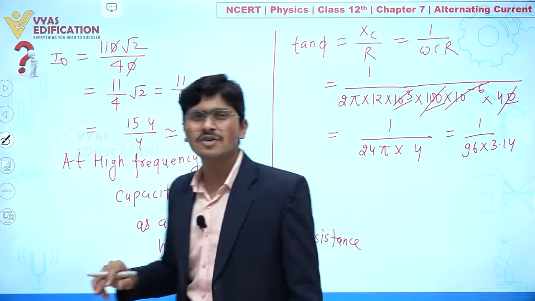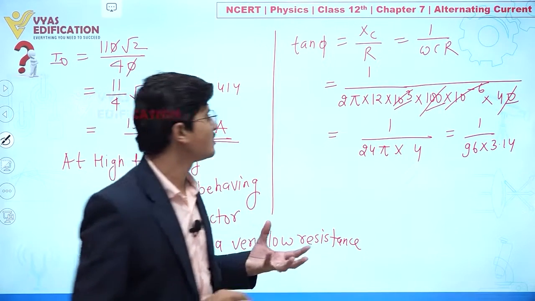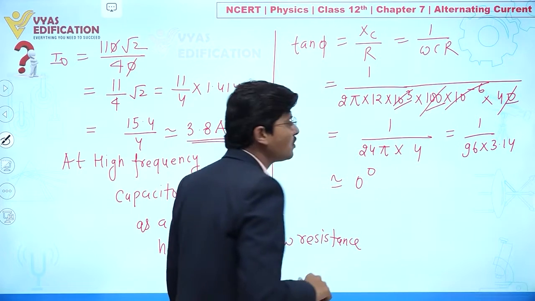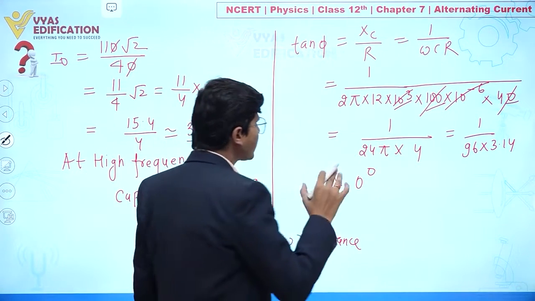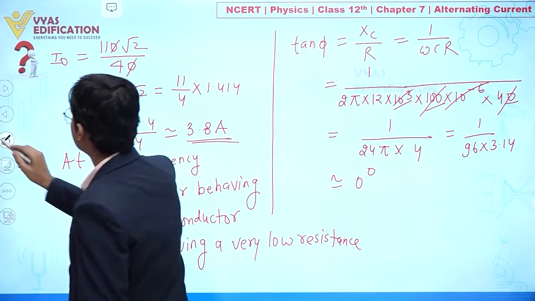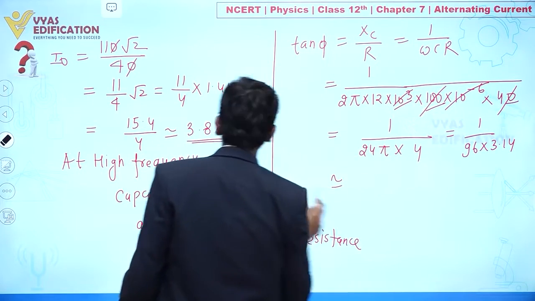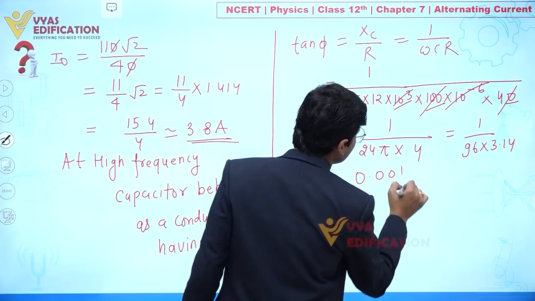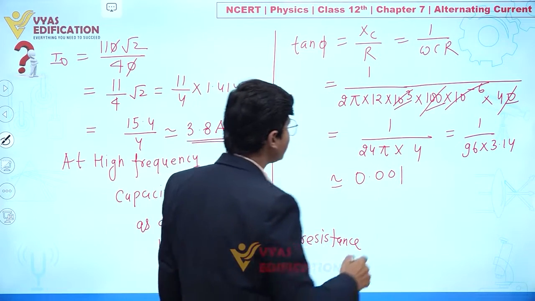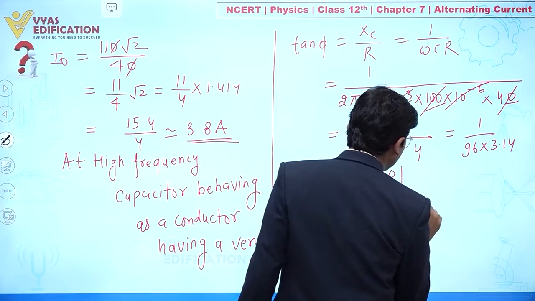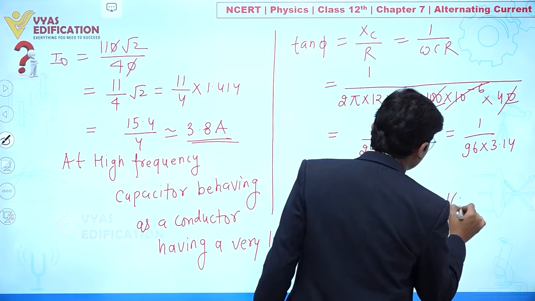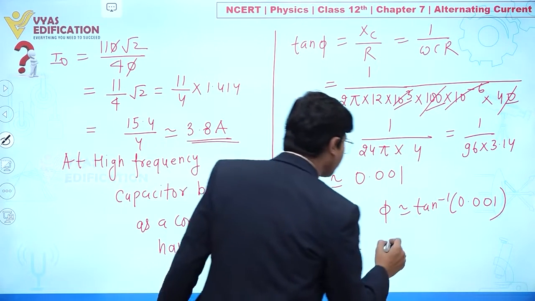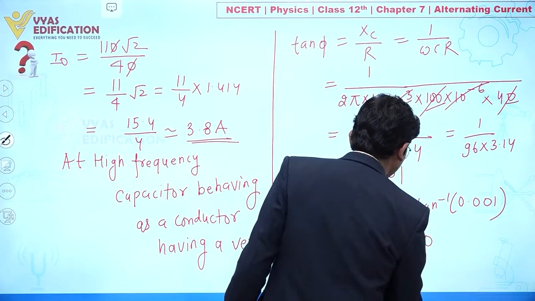Now you are getting a very small value, near about 0, not exactly 0, let's suppose 0.001 something. It means the value of phi is tan inverse of 0.001 something. So the value of phi is near about 0.